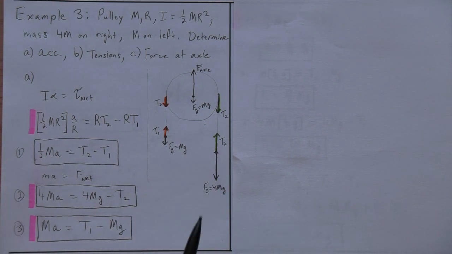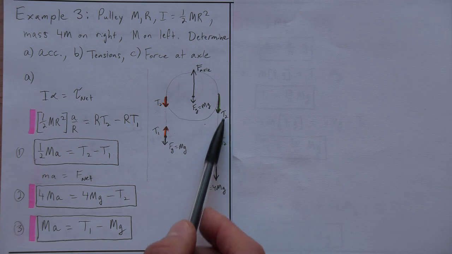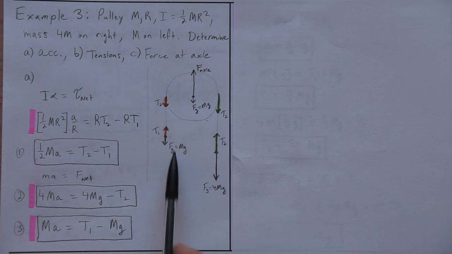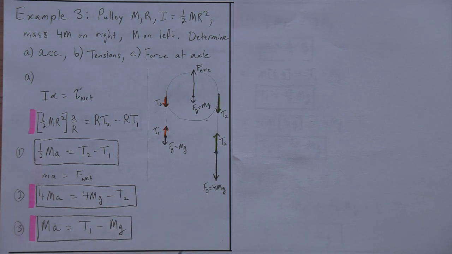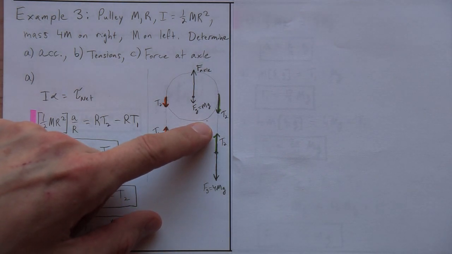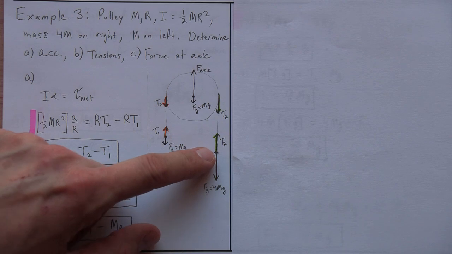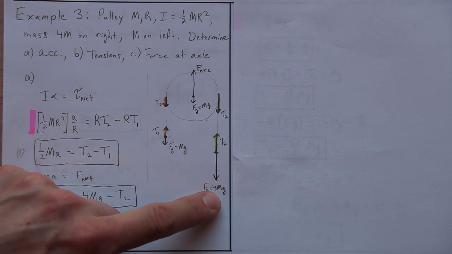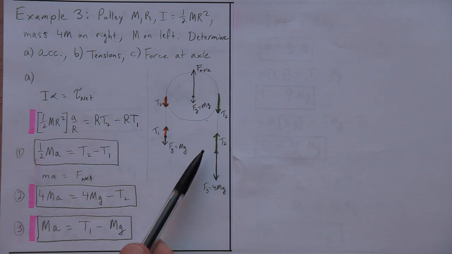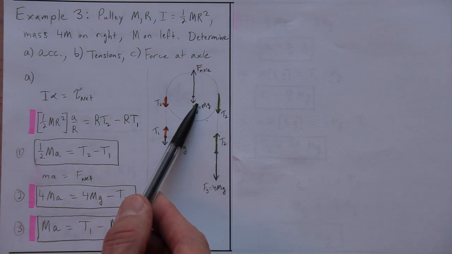This goes down, but it goes down at a smaller acceleration than 9.8. And the reason why is because there's a drag on it of the system here, is the inertia of this and that. So that's held back with a certain tension. That tension has to be smaller than force of gravity, 4mg. So maybe it's only 3mg or 1.5mg. Whatever it is, this has to be able to accelerate down, so it's got to be less than that. Where does that come from? It came from the pulley.